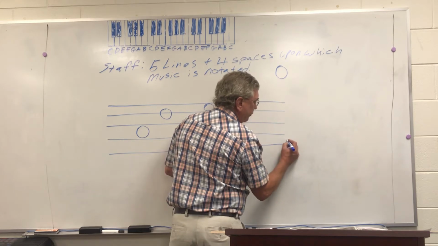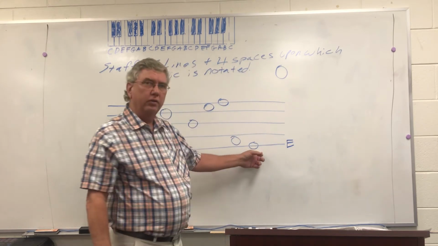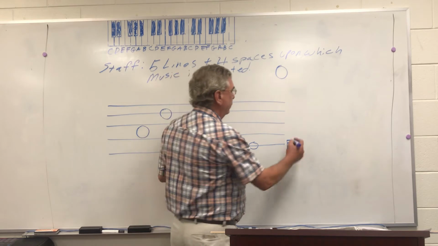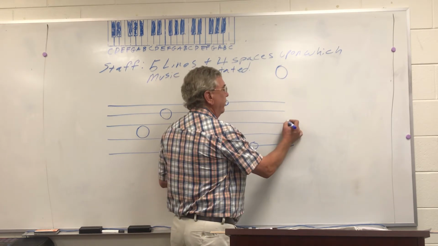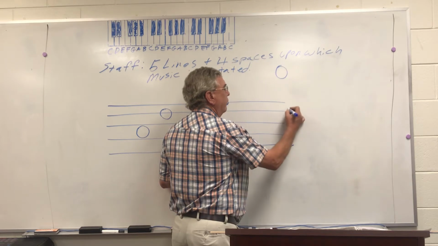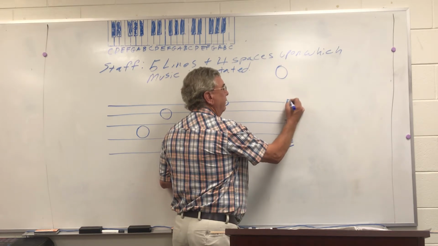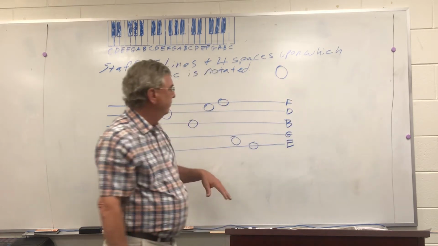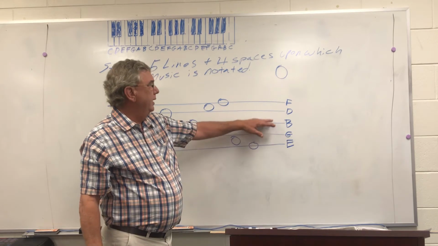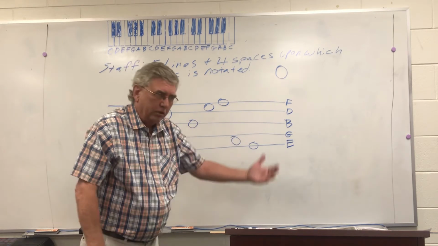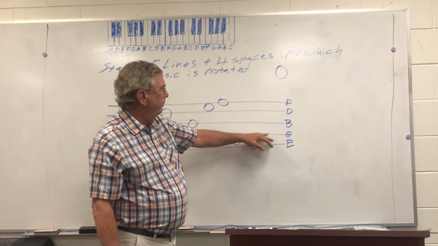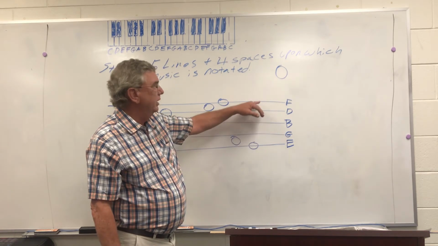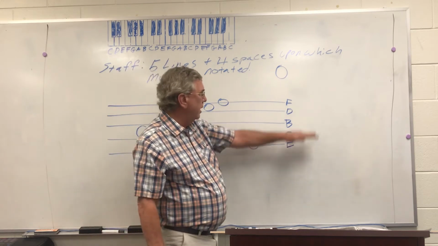If a note is sitting on the bottom line, that note is letter E. The second line is the note G. Third line is B. Fourth line is D. Fifth line is F. E, G, B, D, F. On your test, if you tell me they go F, D, B, G, E, that's wrong. This goes from the bottom to the top.